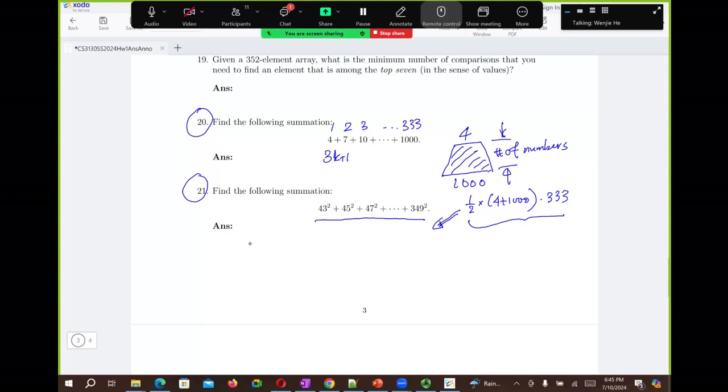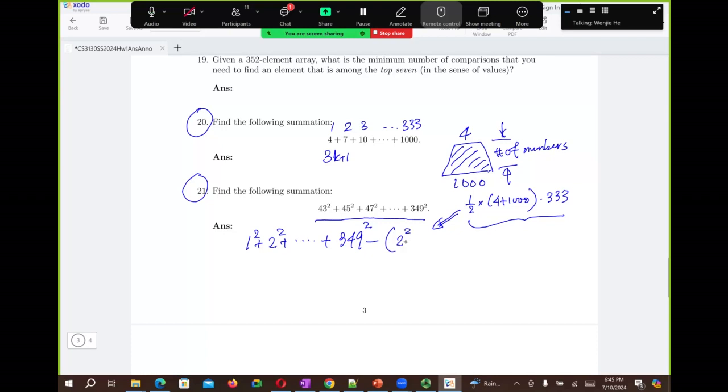So 1 square plus 2 square, plus up to 349 square, right? But you need to multiply several things.